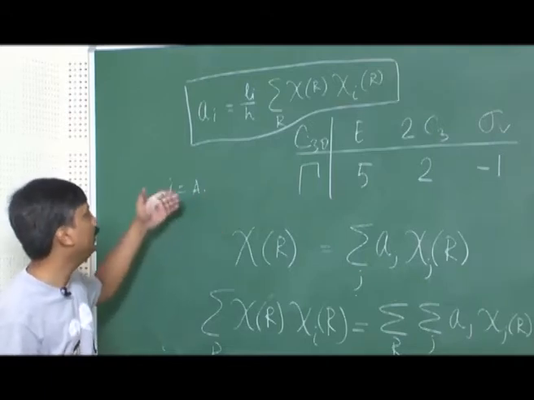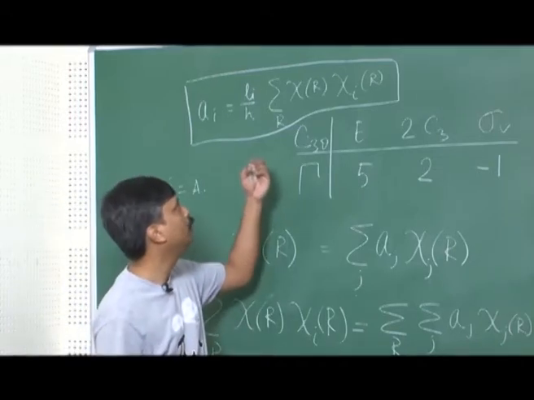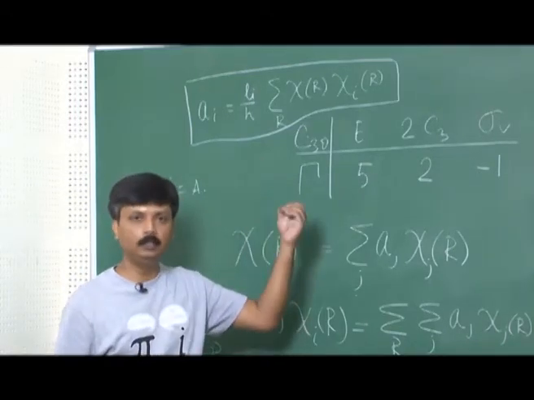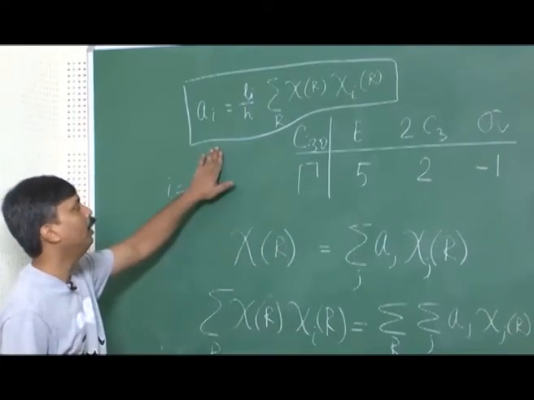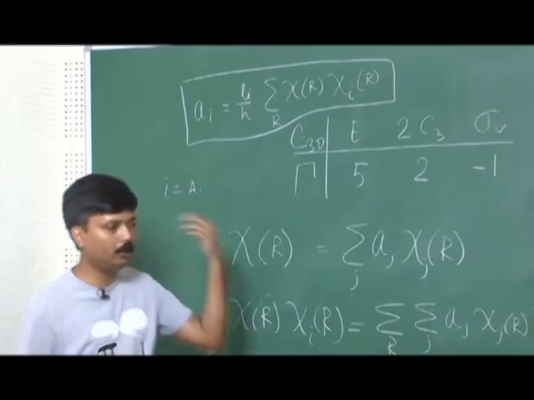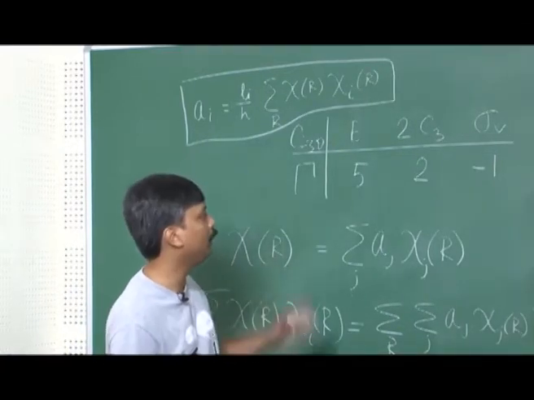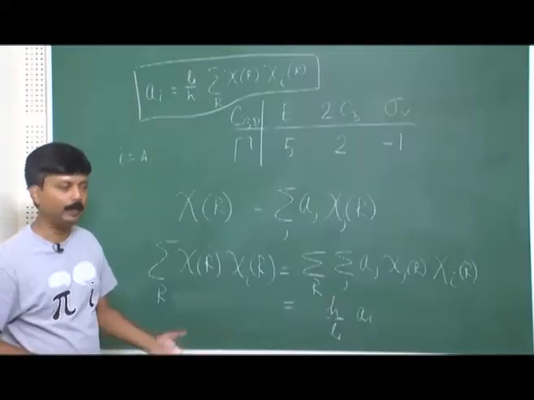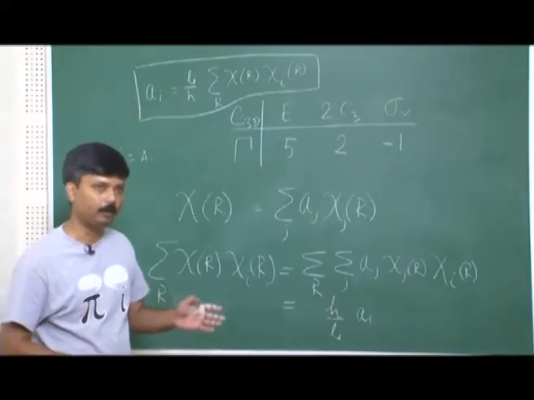Okay. Similarly, I can find the number of occurrences of A2 or E for this particular point group. Okay. So this relation we should try to remember. You can follow this method, you can derive yourself again, and try to remember this one, because this will be used very often.